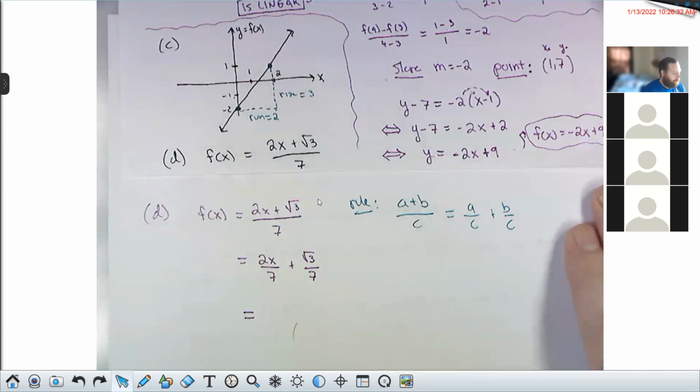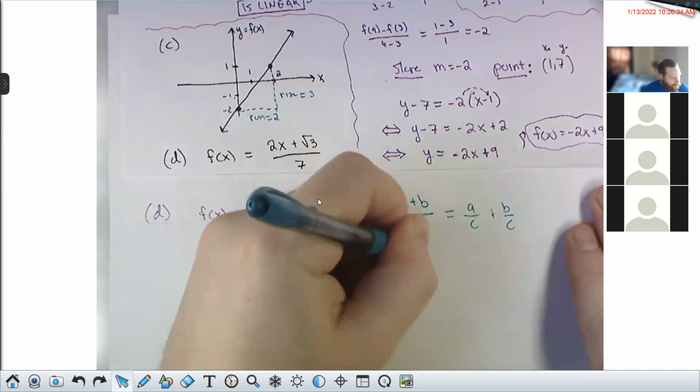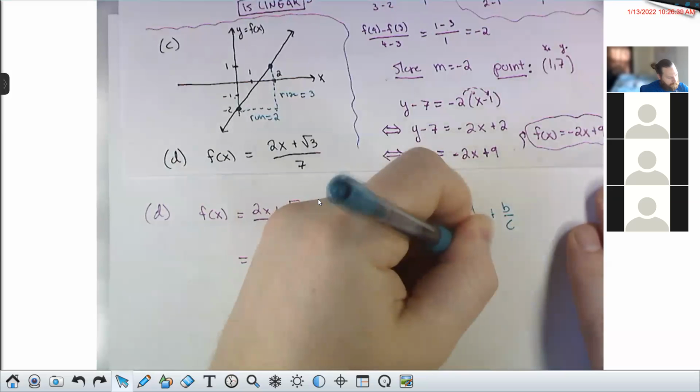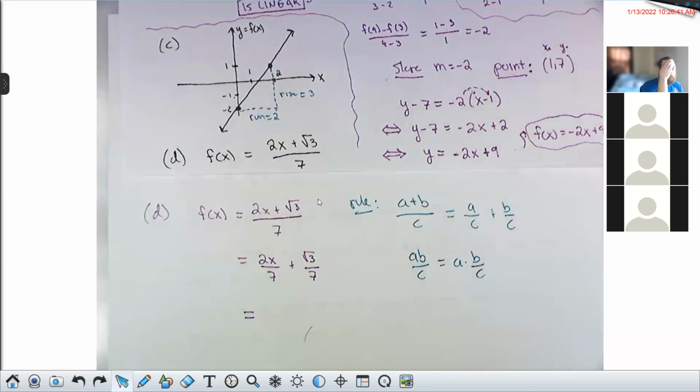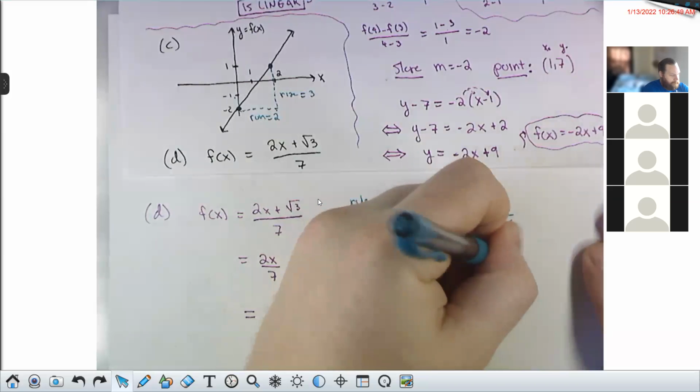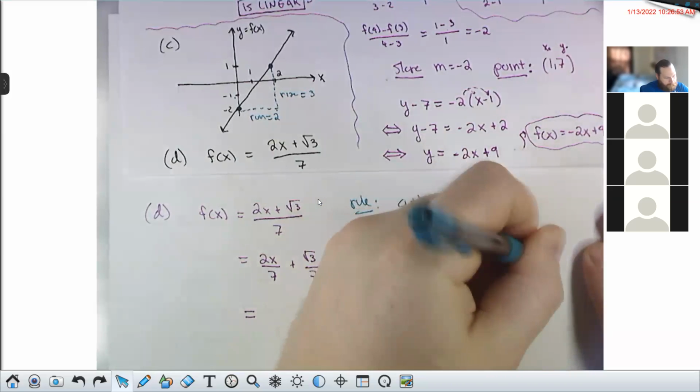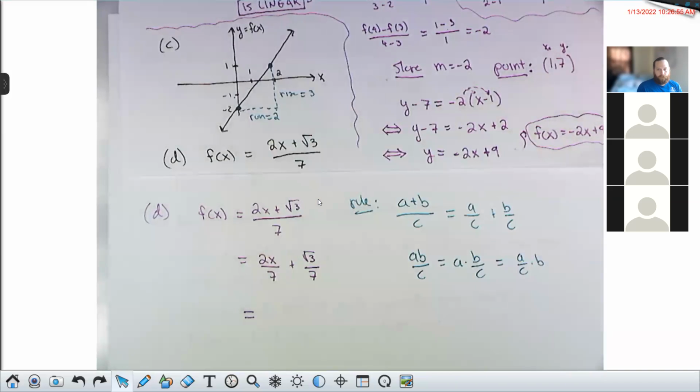And then another little algebra rule. All 3 of these are equivalent.